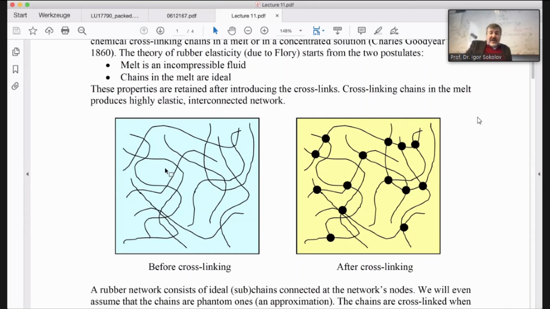I told you if the number of cross-linkers is not too large and not too small. So what happens if the number of cross-linkers is too large?